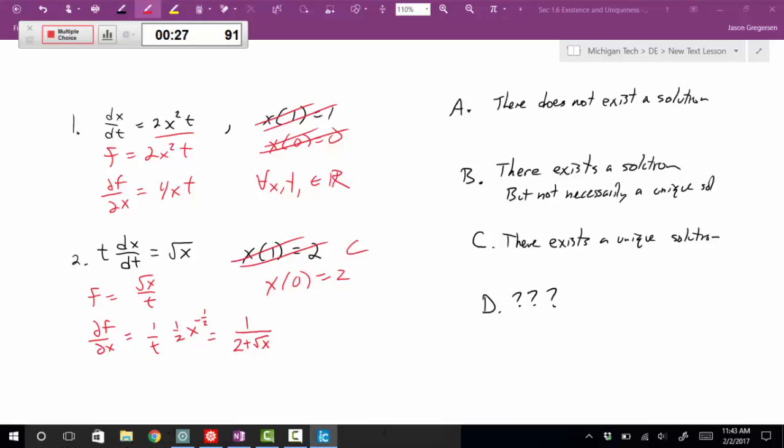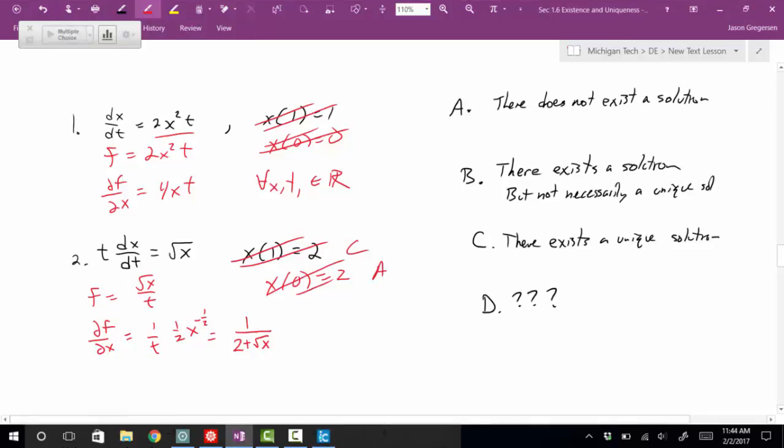If there's a solution that goes through this point and you're going to draw it, what's the slope at that point? The slope would be infinite here. That f of x, t is basically the slope at that point, because we solve for dx/dt. So it'd have infinite slope. I don't know how to draw that. That thing is blowing up there, so that's a problem. So in this one, there does not even exist a solution.